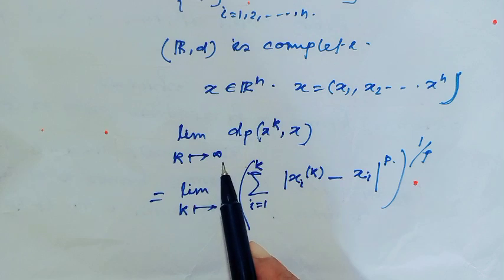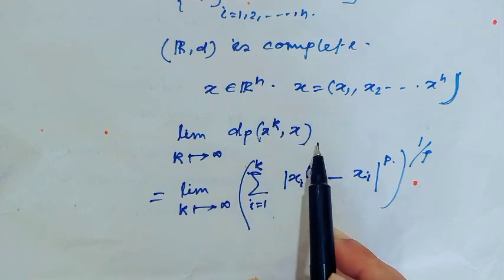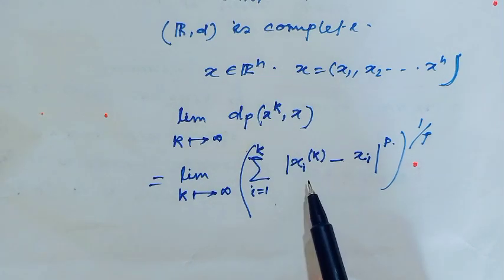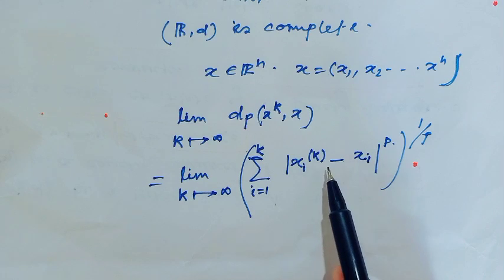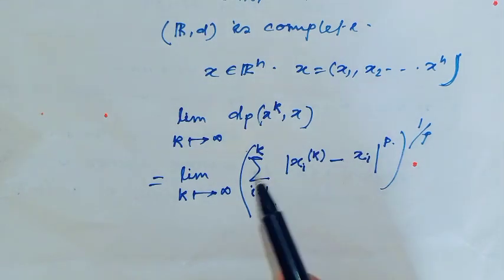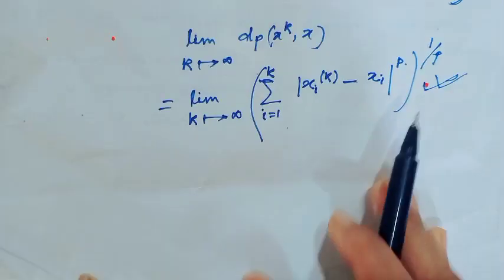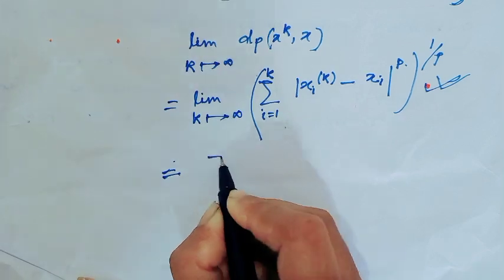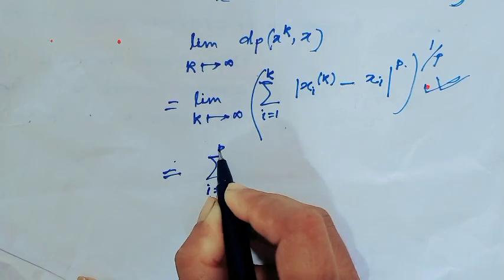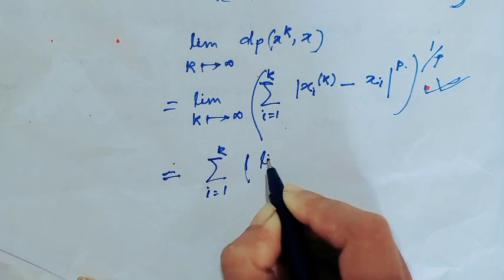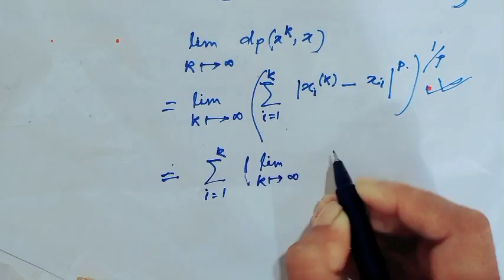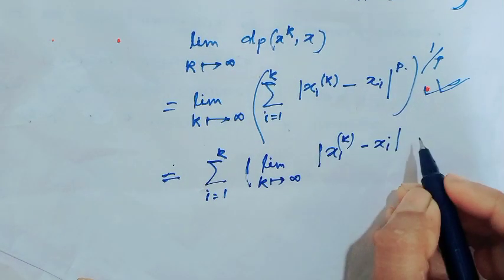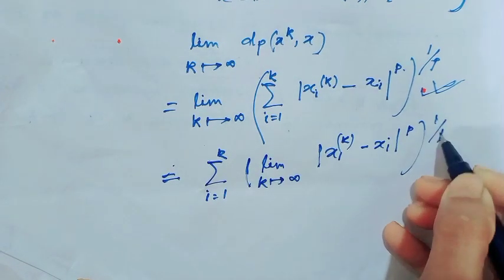Limit k goes to infinity of d_p(x_k, x) means limit k goes to infinity of the summation i equal to 1 to n of absolute value of x_i^k minus x_i to the power p, whole to the power 1 over p, and we can write this as summation i equal to 1 to n, limit k goes to infinity of |x_i^k minus x_i| to the power p, whole to the power 1 over p.